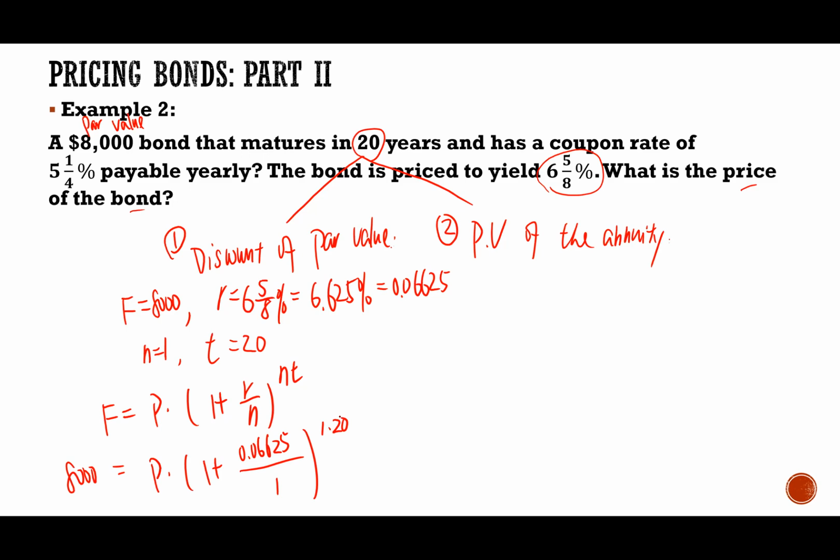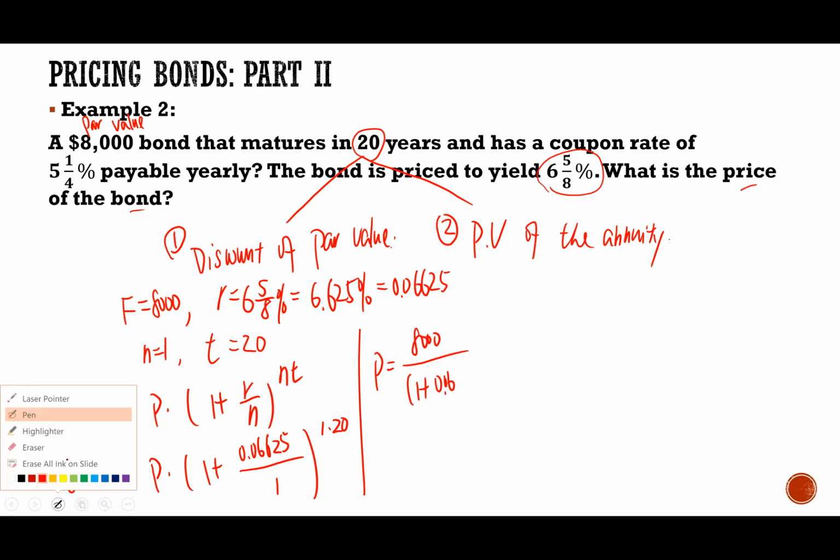Simplified, present value P equals 8,000 over (1 plus 0.06625) raised to the 20th power.